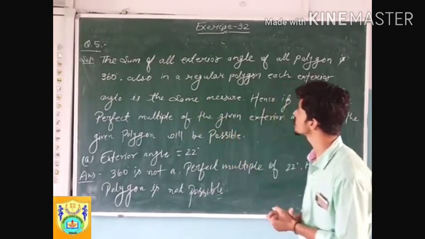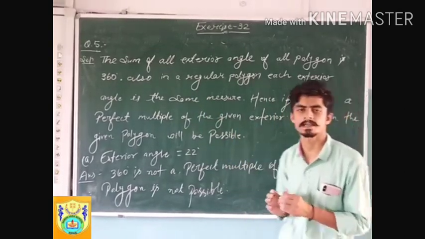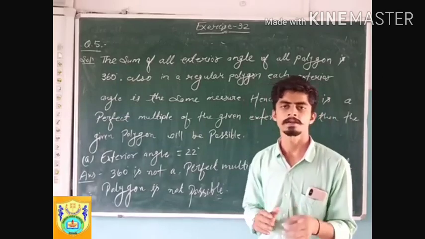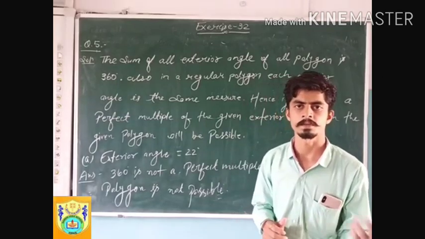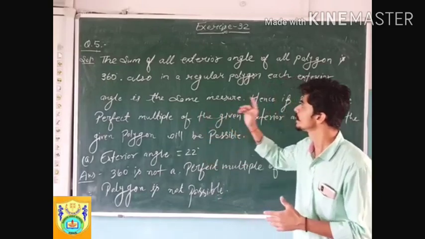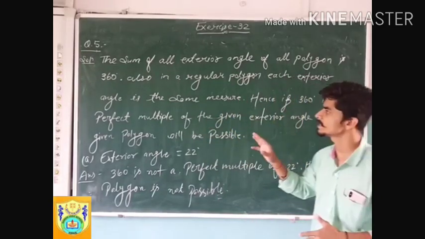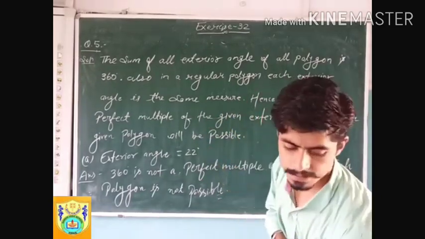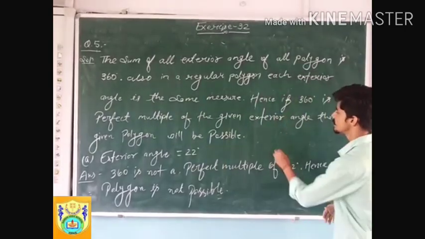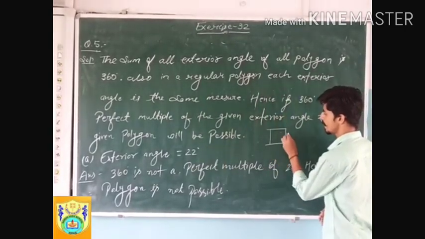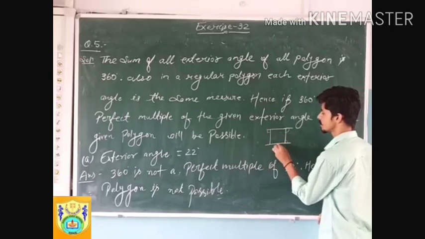The sum of all exterior angles of a polygon is 360 degrees, as we know, and we have used it in previous questions. Also, in a regular polygon each exterior angle is the same. Suppose that this is a square and these are the exterior angles.